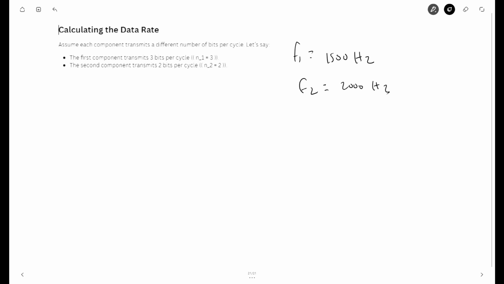We assume each component transmits a different number of bits per cycle. Let's say the first component transmits 3 bits, so N1 will be equal to 3, and the second component transmits 2 bits per cycle, so N2 is equal to 2.